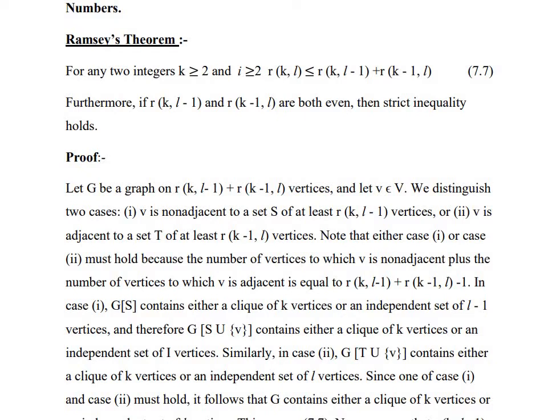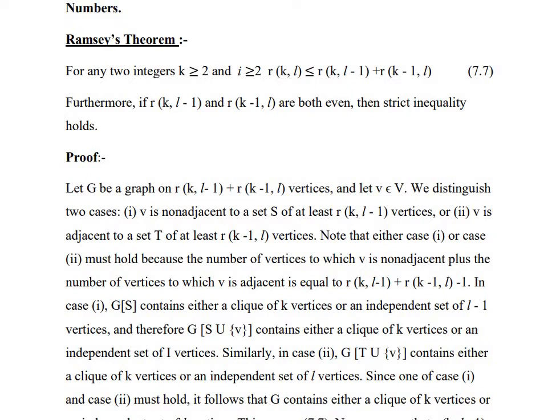For that, let G be a graph on R(k,l-1) plus R(k-1,l) vertices, and let V be a vertex in the vertex set of the graph. We distinguish two cases. The first one is V is non-adjacent to a set S of at least R(k,l-1) vertices, or V is adjacent to a set T of at least R(k-1,l) vertices.